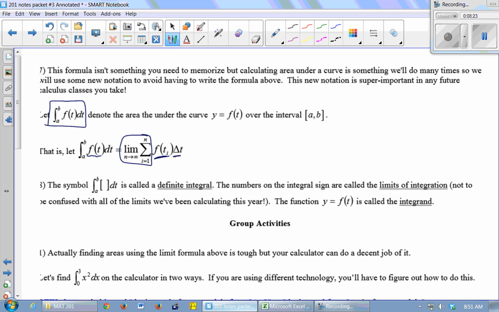The same thing happened with derivatives, say, dy dt. When we first started talking about tangent lines, we said the slope of a secant line would be change in y over change in t. And then when we took a limit, that became dy dt, the slope of a tangent line. So now instead of a delta t here, I'm using a dt when I take the limit.